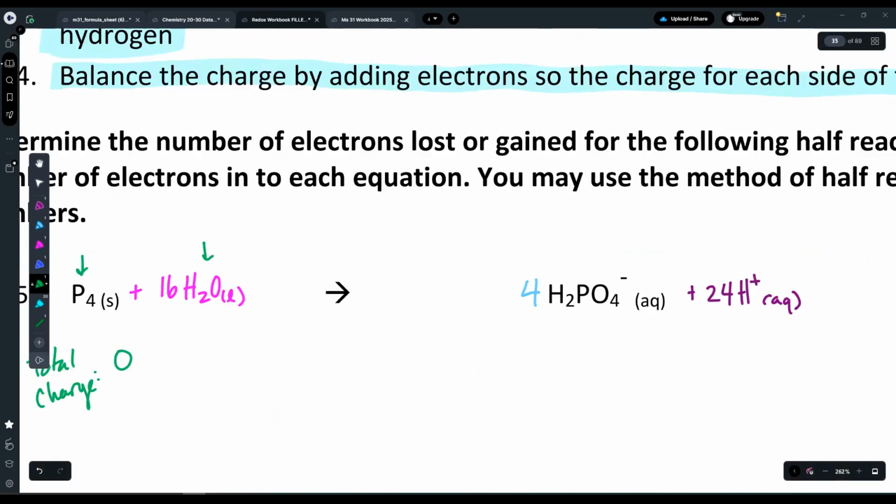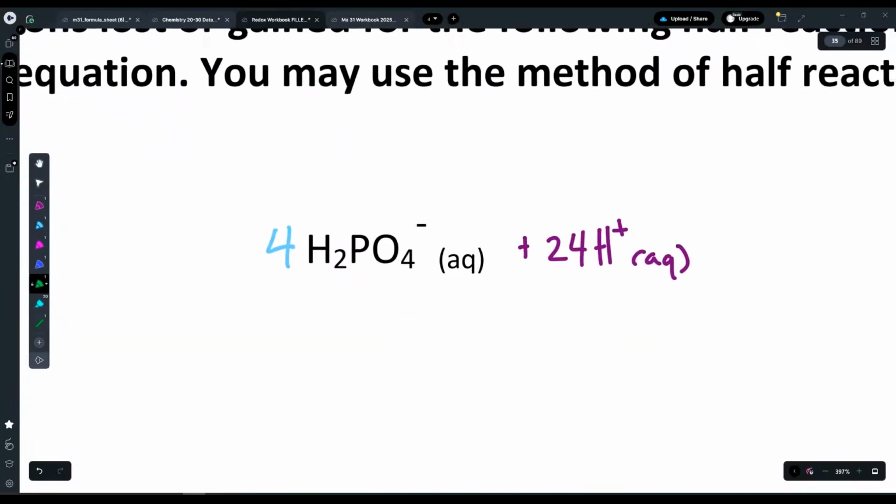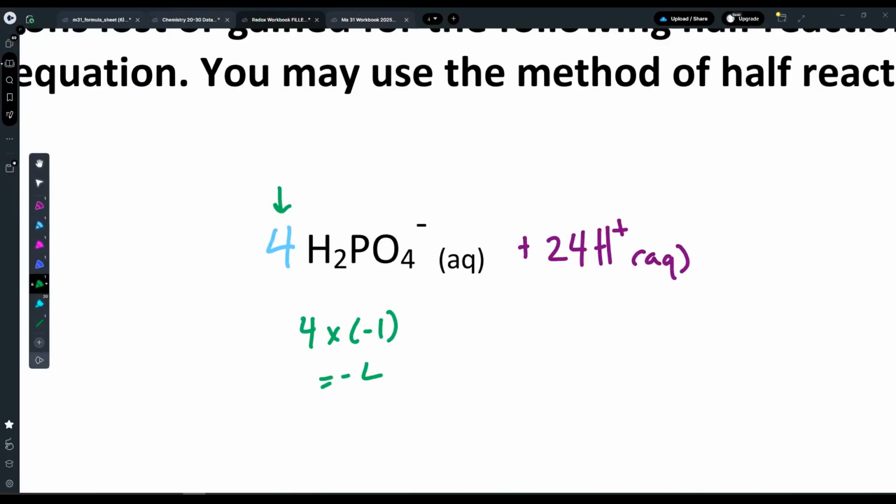Over here, on my product side, we have 4 H2PO4 1-, so we have 4 times -1, so that's -4. And then we have 24 H pluses, so plus 24. So that's going to give us plus 20.